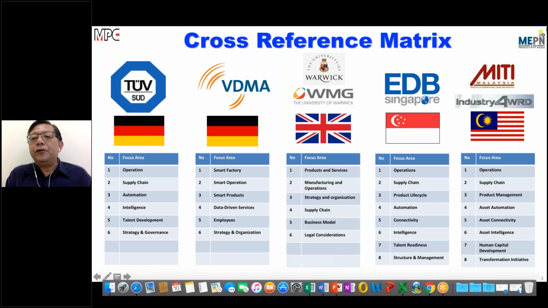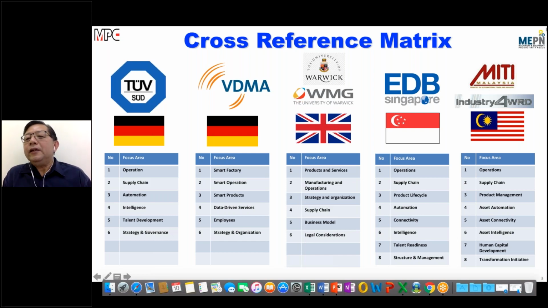Our neighbor country Singapore's EDB focuses on 8 areas: operations, supply chain, product life cycles, automation, connectivity, intelligence, talent readiness, structure and management.